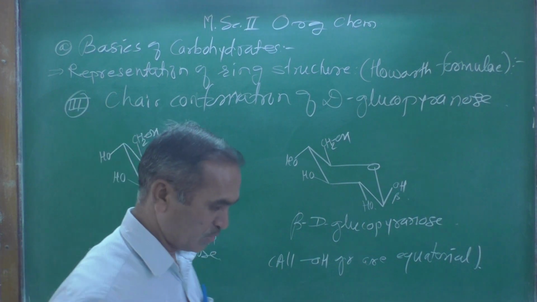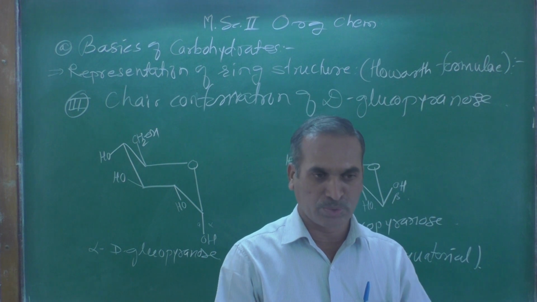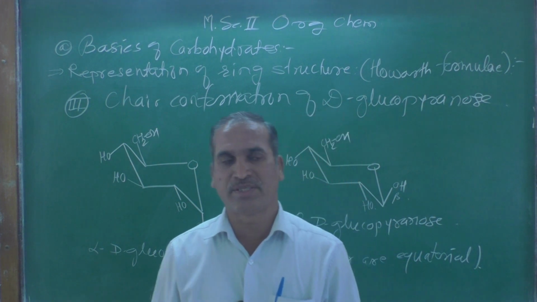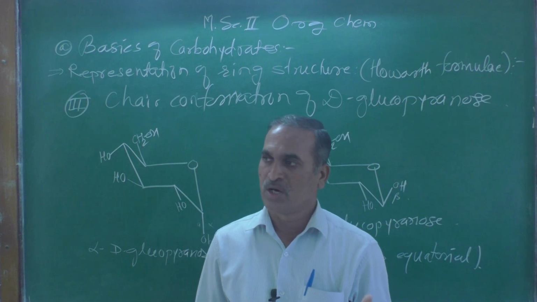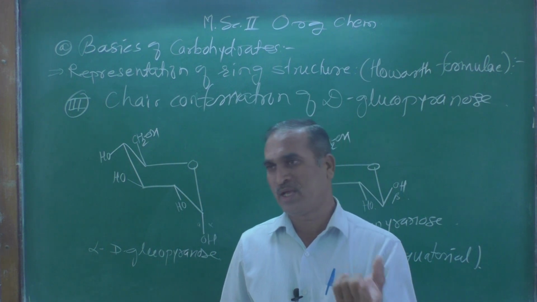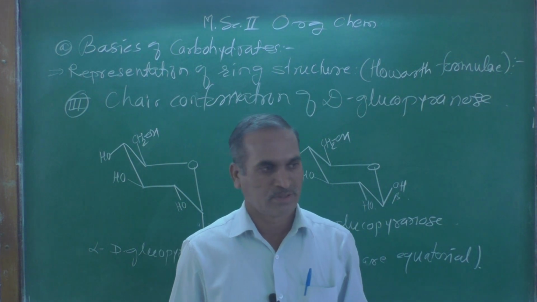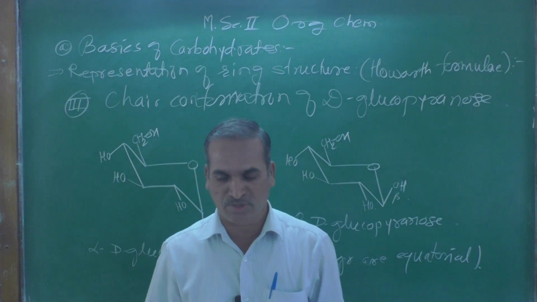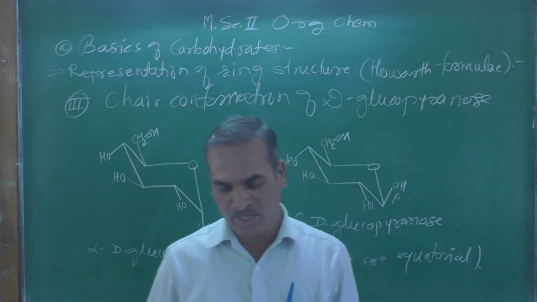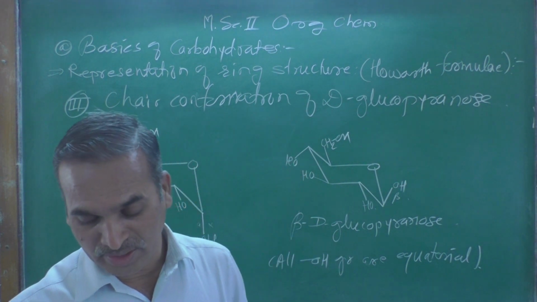We have represented the structure according to Haworth, how we converted the Fischer projection formula into the Haworth projection formula, and we have seen various possibilities. So now let us move on to the next point.